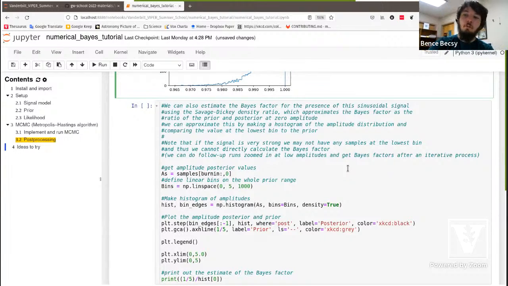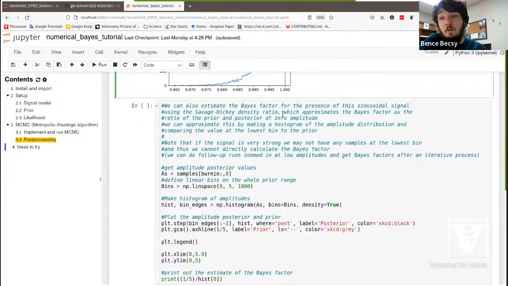But one thing that you can do, which I don't think Tyson talked about, but maybe Neil mentioned, I'm not sure, is the Savage-Dickey density ratio. So if you have two models you're trying to compare and you get back one of the models by setting an amplitude in the other model to 0.